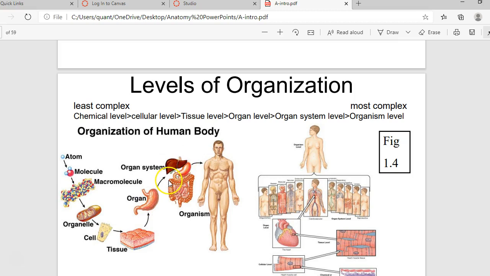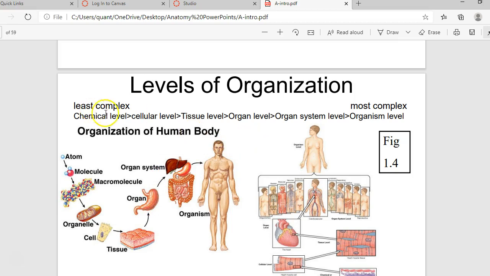Does the stomach have all four of those main tissue types? Yeah. It's got muscle kind of towards the outside. It's got epithelium deep on the inside. It's got nerves going to it. And then there's connective tissue in here. So an organ can be made of two or more tissues, right?